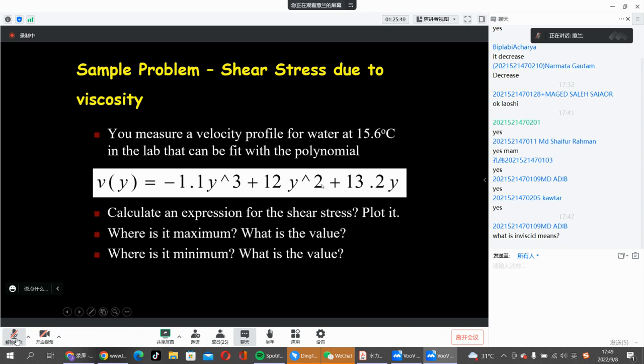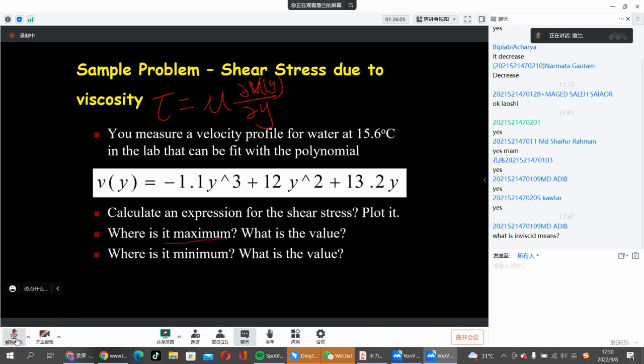And then calculate the shear stress. Just now we know from Newton that tau, the shear stress, is equal to fluid viscosity times the spatial derivative of velocity, right? Here, u is v1.